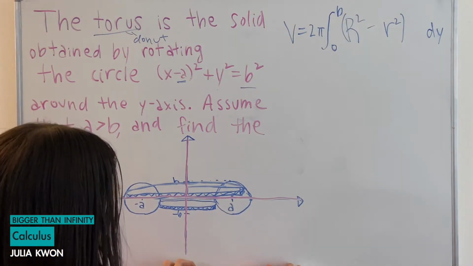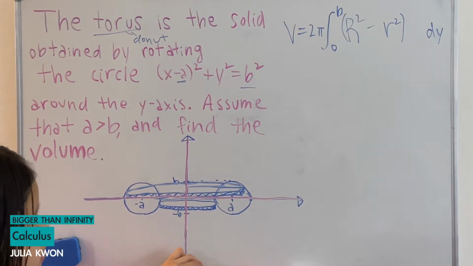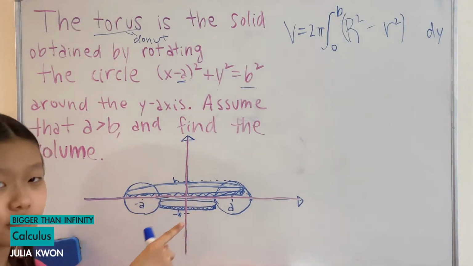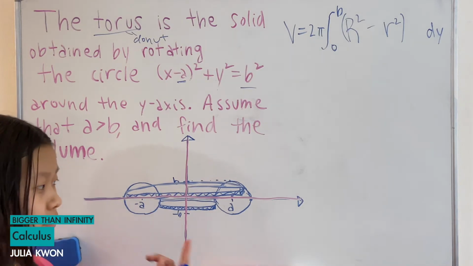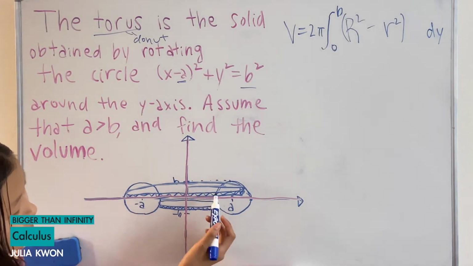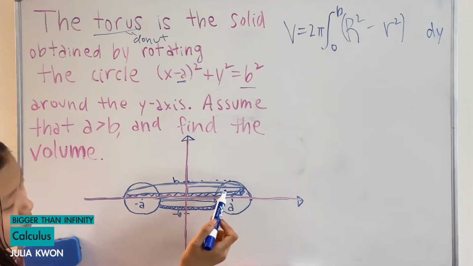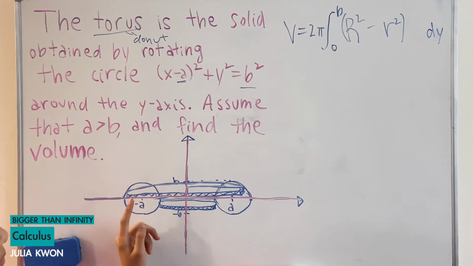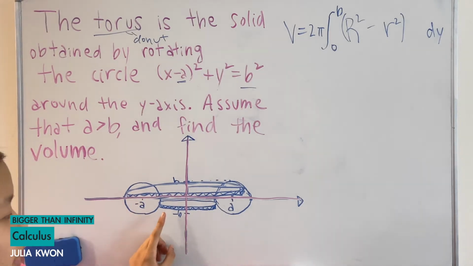Okay, so the reason we're going to subtract, this is called using washers. I guess it's because it looks like a washing machine. And we're going to subtract the volume of the bigger disk by the smaller disk.